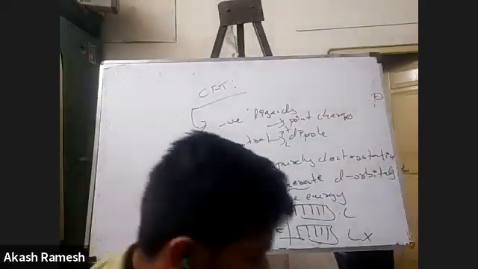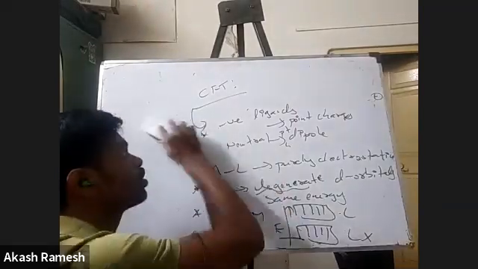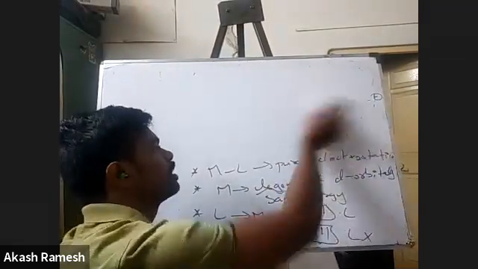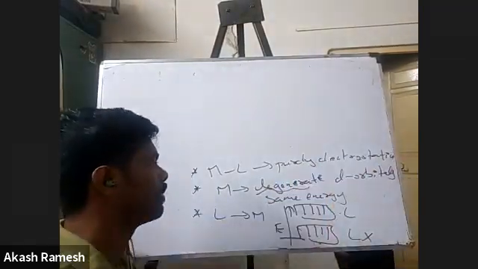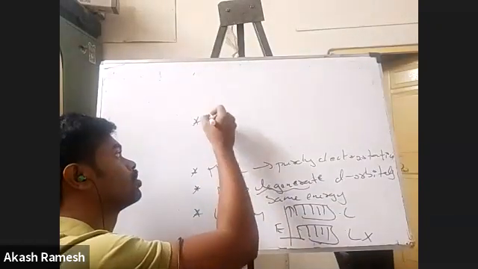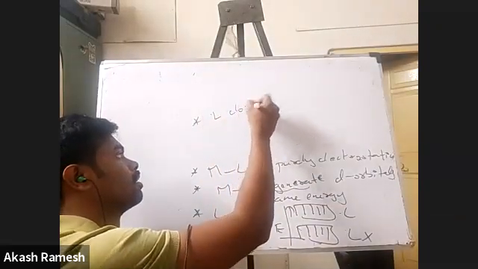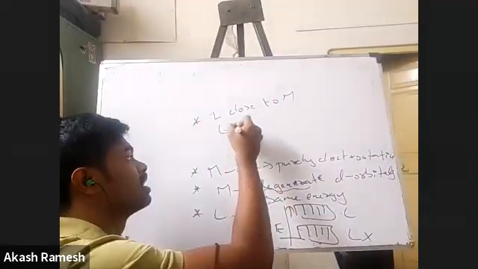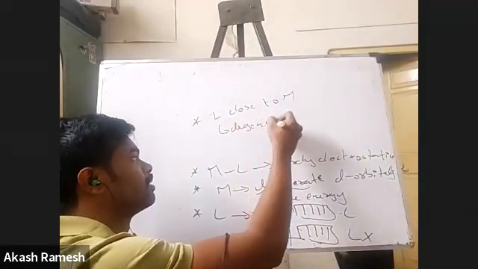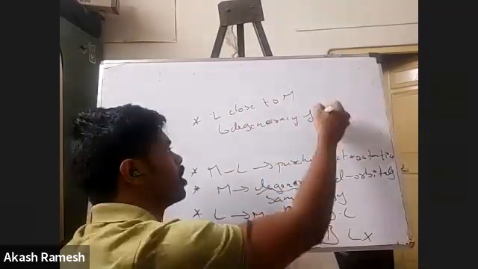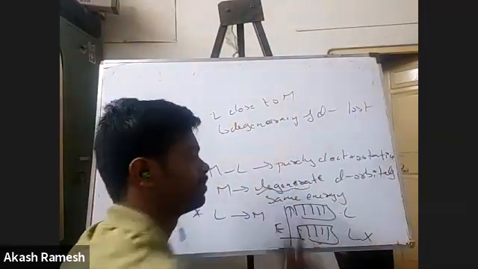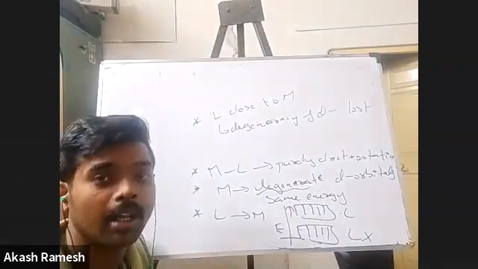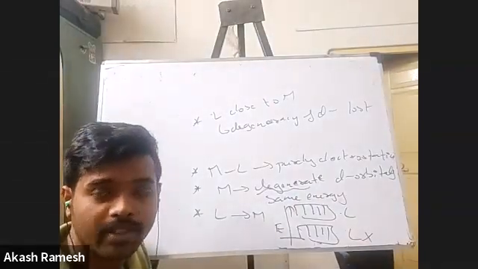Now when the ligand is very close to the metal, the degeneracy of the d orbitals is lost. That means the 5 d orbitals are not going to have the same energy.